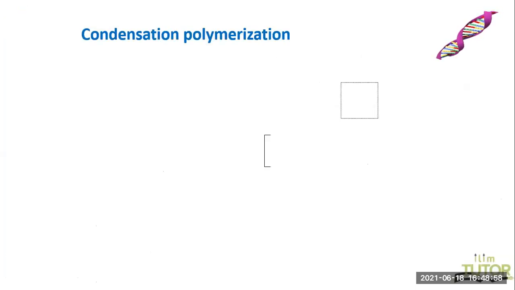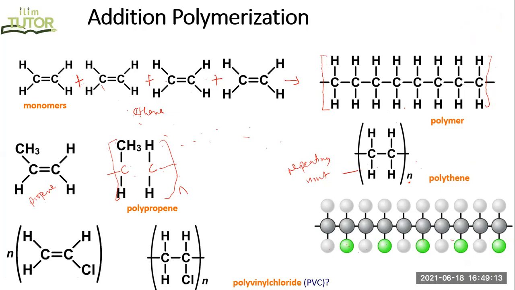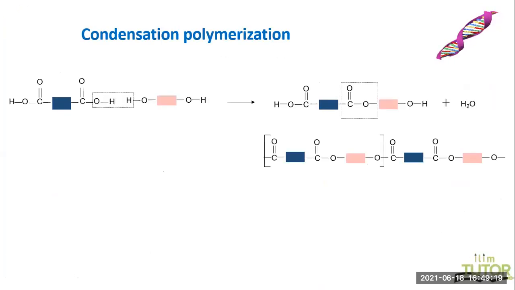Another polymerization we can talk about is condensation polymerization. Now, in this case, there are 2 different monomers. In the last one we did, we have the same type of monomer addition. But in this one, 2 different monomers. This is one monomer, this is another monomer. This monomer has a functional group ROCOOH.